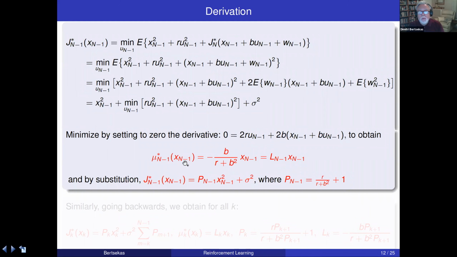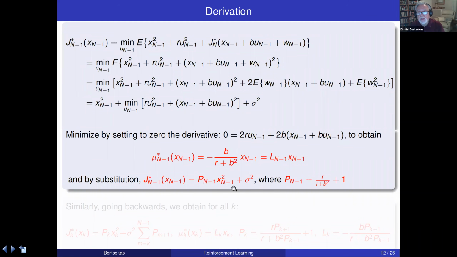By taking now this optimal policy and plugging it in here, we can obtain the expression for J_{N-1}*, the optimal cost to go. And because this is a linear function of the state, when you plug it in this expression here, for example, it becomes a quadratic in x_{N-1} plus a constant.